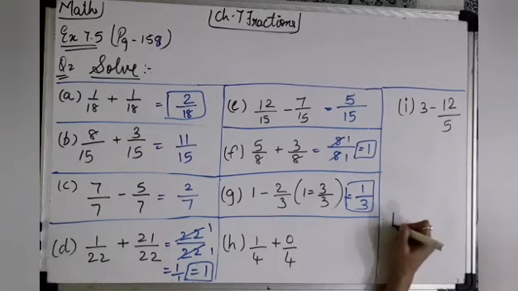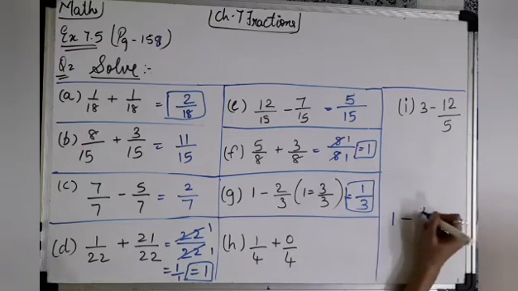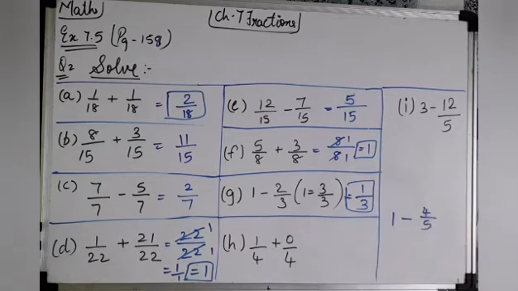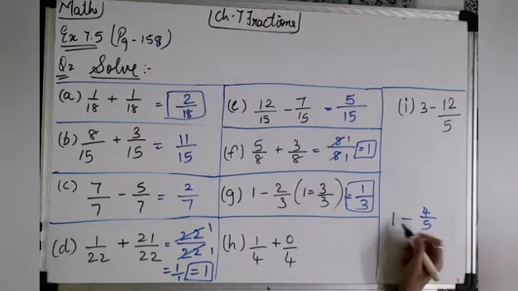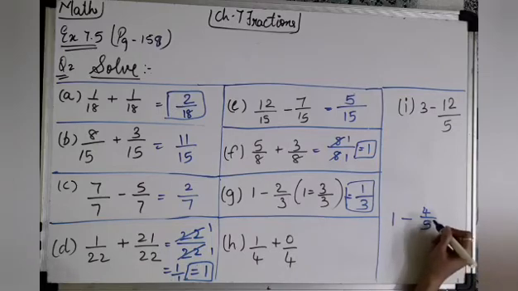So when 1 is given and they are telling 4 upon 5, don't get confused when they are giving like this. 1 means what? In the other fraction they are telling 4 upon 5, which means the thing is divided into 5 parts, right?